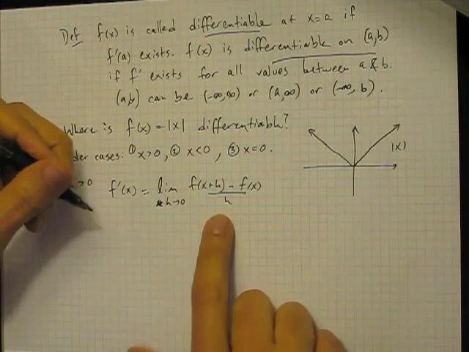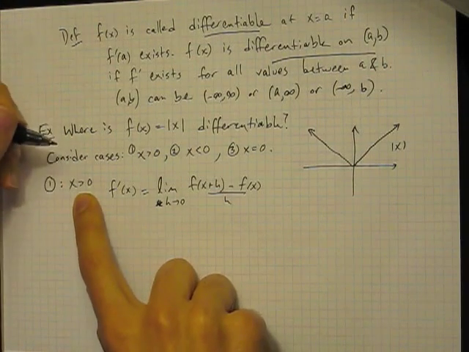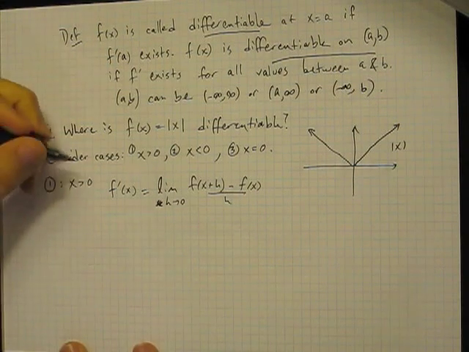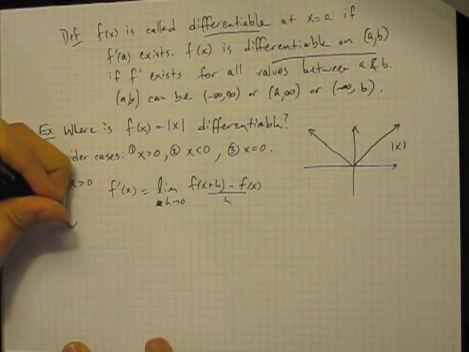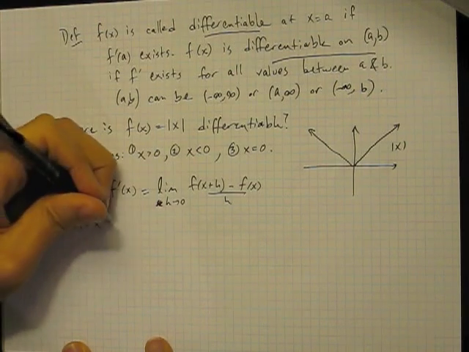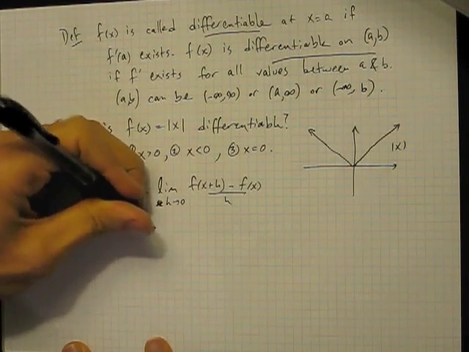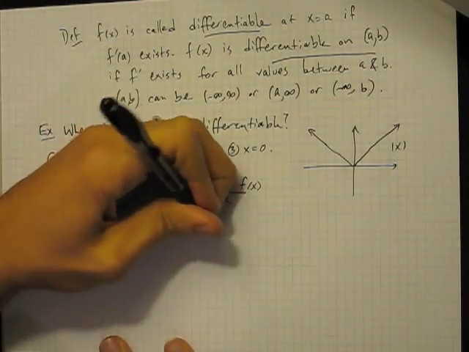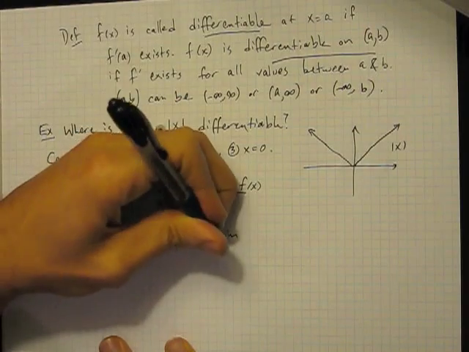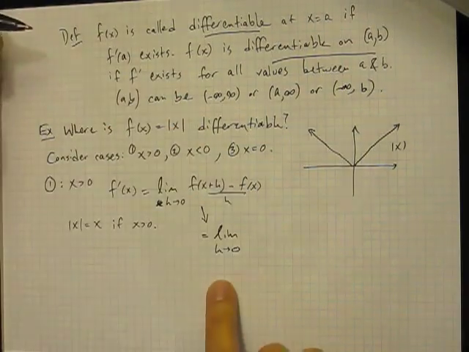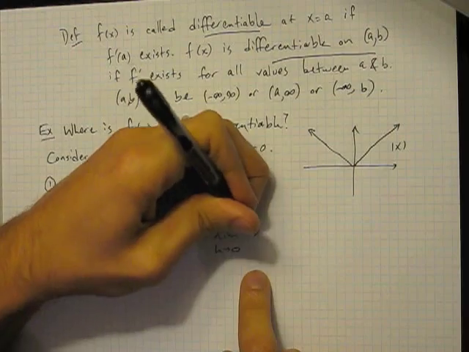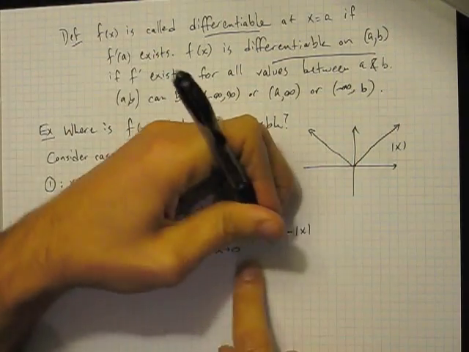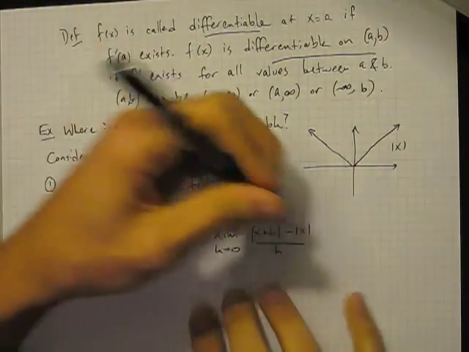When x is positive, we know that the absolute value of x is just equal to x. So we can replace this expression by the limit as h goes to 0 of the absolute value of x plus h minus the absolute value of x, over h.